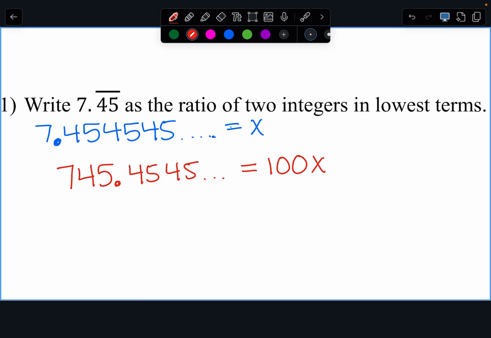That means I multiply by 100 on both sides. What does that mean? All I did was multiply by 100 on both sides. Okay, that makes it kind of better.